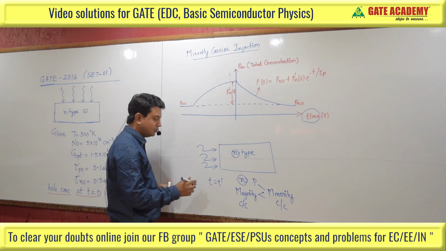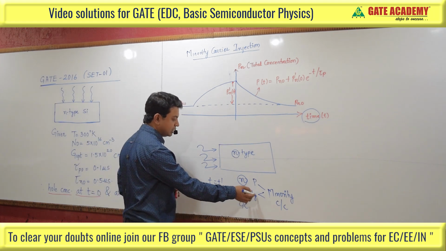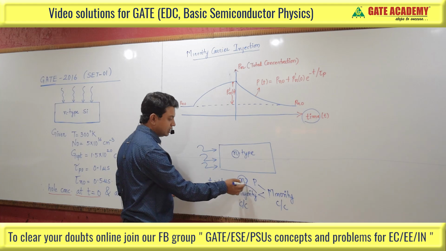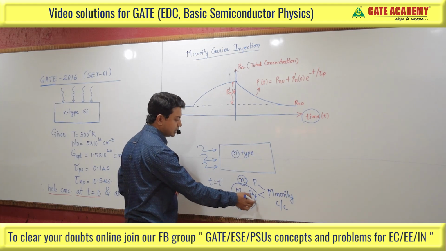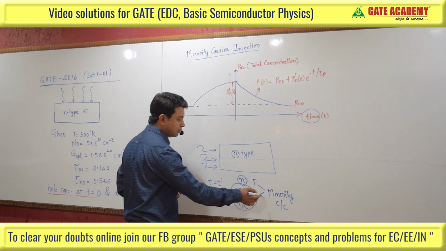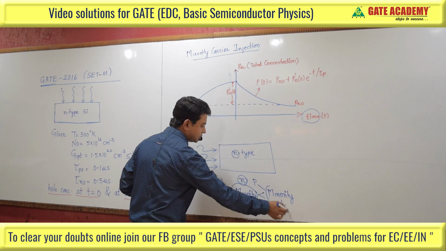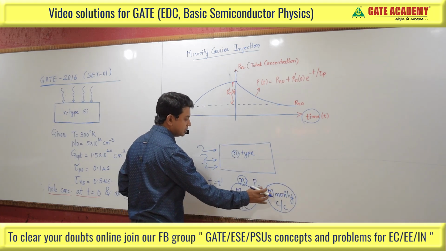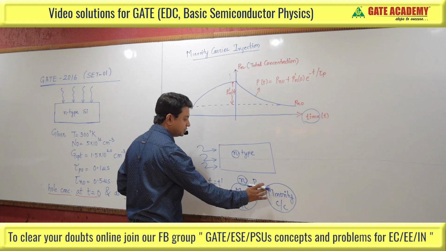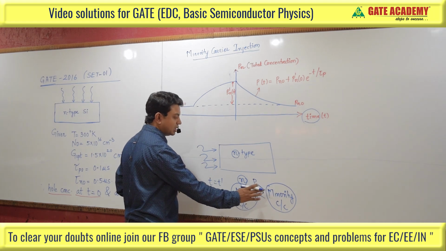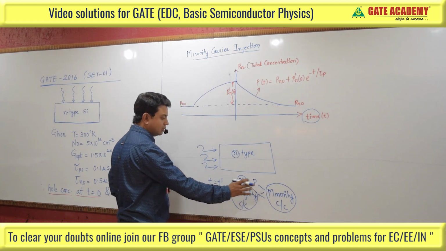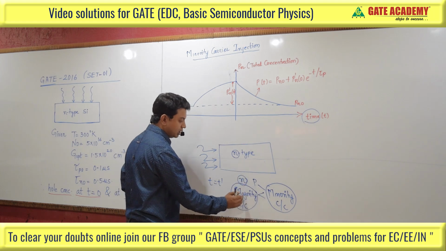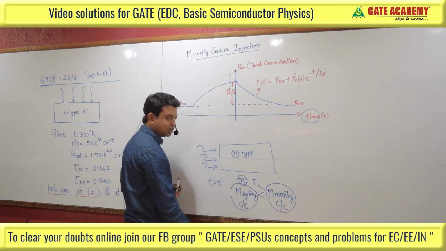So we cannot have a significant effect of change in the concentration of majority charge carrier if you compare it with the change in concentration of minority charge carrier. That means we can always have an effect of change of minority charge carrier in a dominant way in comparison with the change in majority charge carrier.